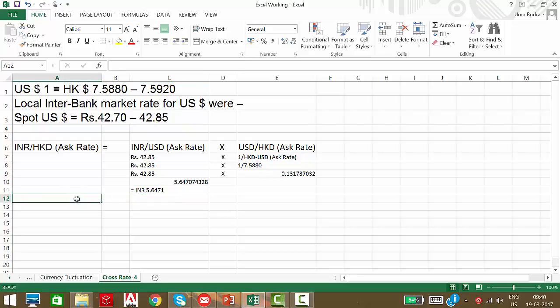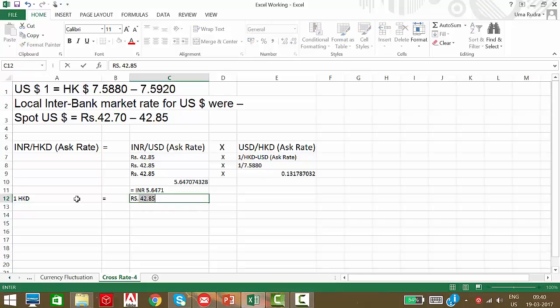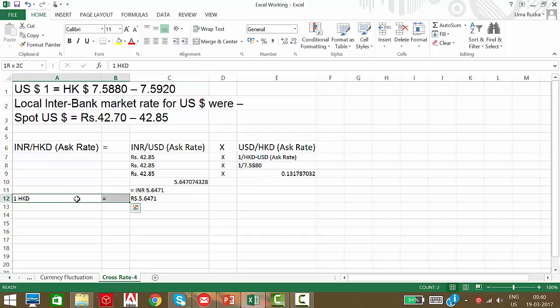So in other words, I can say INR per HKD ask rate means 1 HKD is equivalent to 5.6471. So when the bank covered itself through the London bank, they bought HKD at this rate.